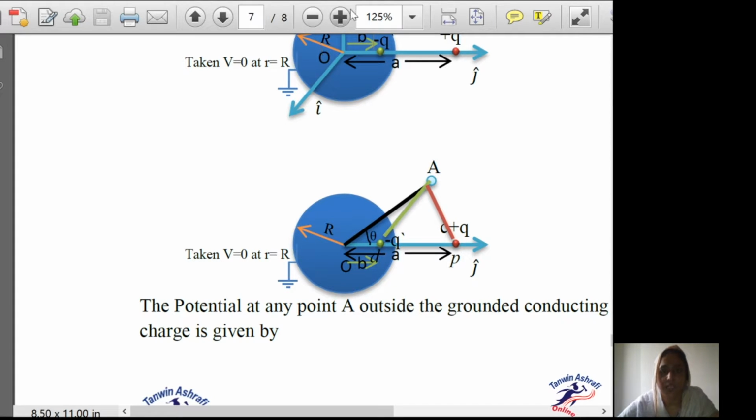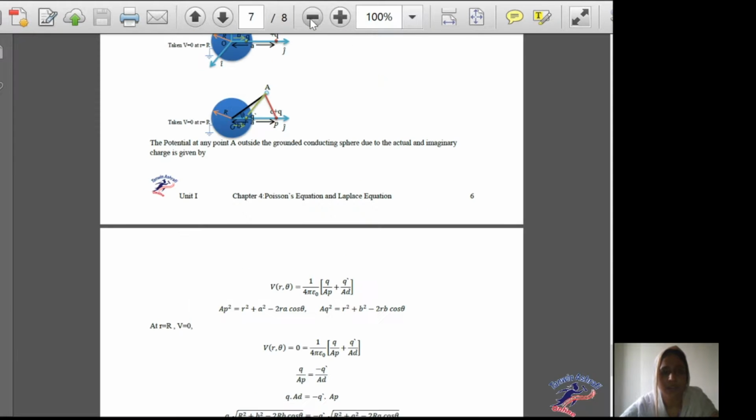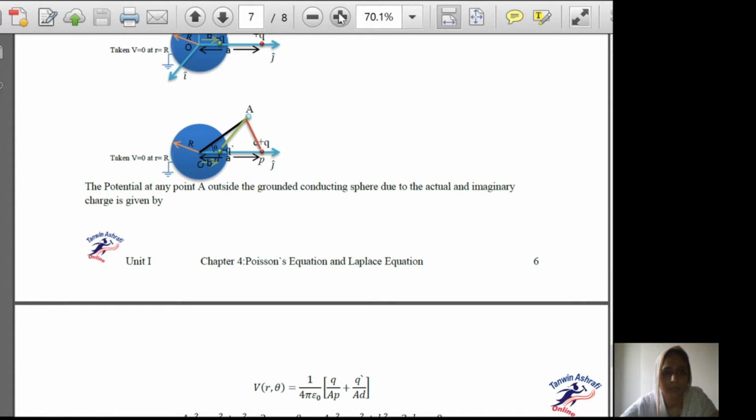Now, the potential at any point outside the grounded conducting sphere due to the actual and imaginary charge is given by the effect of both charges.